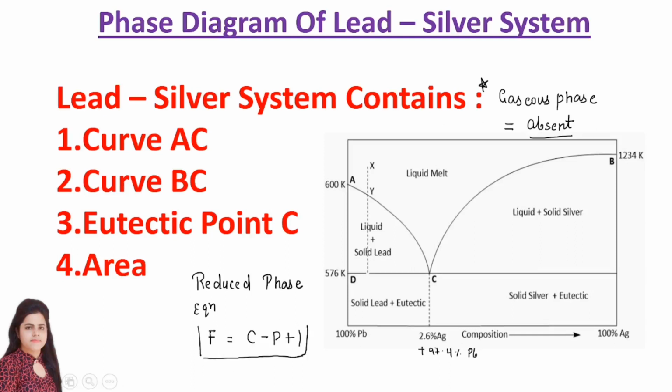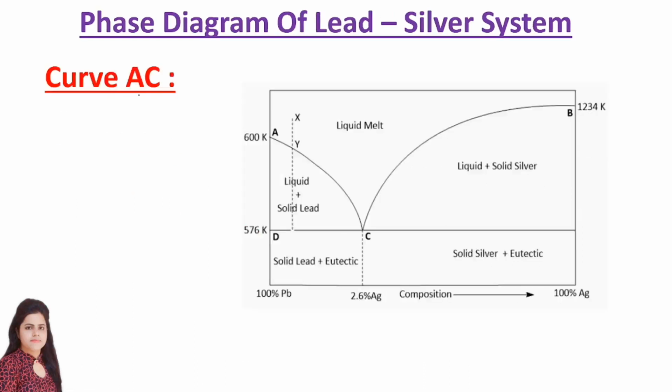Now one by one we will see. First we will see the curve AC. As I told you, this curve shows the decrease in melting point of lead metal when you add silver metal into it. According to the reduced phase rule equation, F = C - P + 1, where C is the number of components and P is the number of phases.